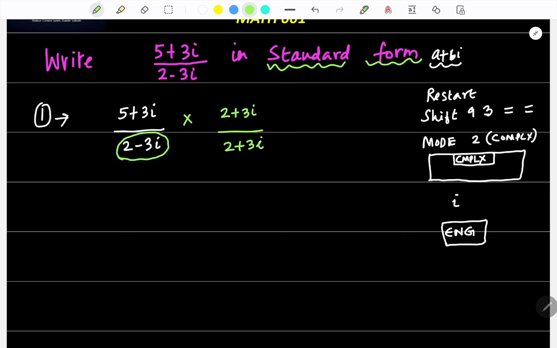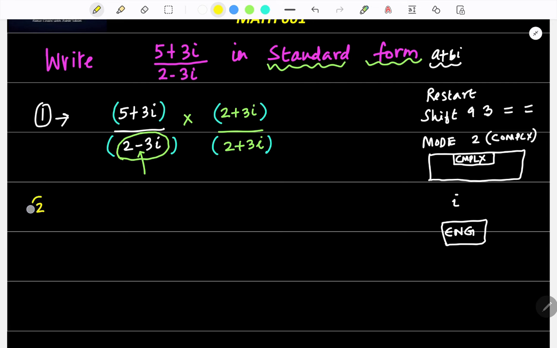Whenever you see 2 minus in the denominator, you put 2 plus, and if it is 2 plus, you write 2 minus. Only change the sign of the i term. After that, the very important thing is brackets. Please put the brackets.